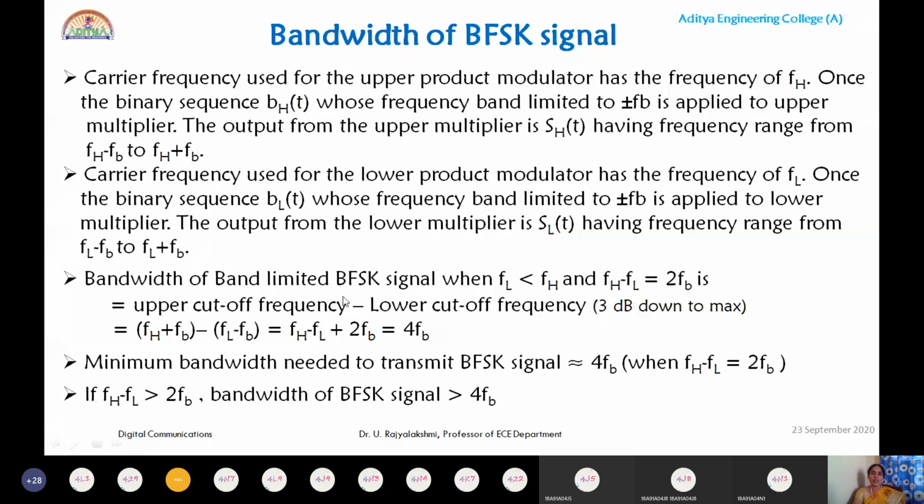So what is the minimum bandwidth required for BFSK signal transmission? 4FB. Compared with either ASK or PSK, it is twice the bandwidth, so FSK is the least bandwidth efficient system.